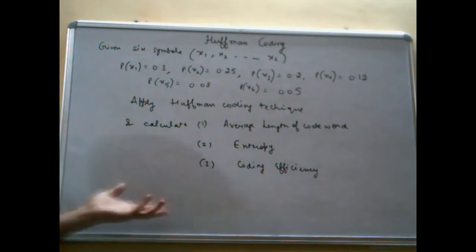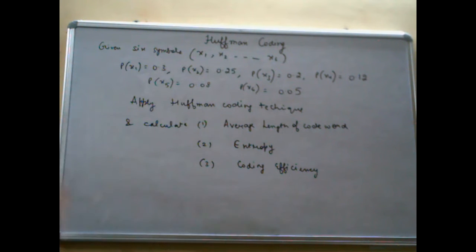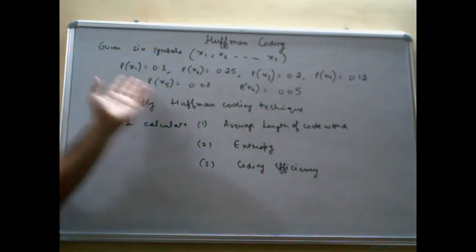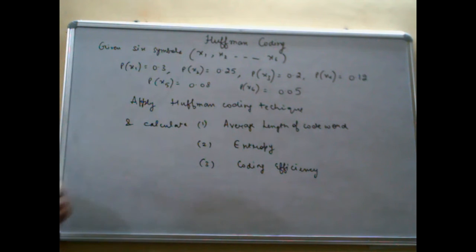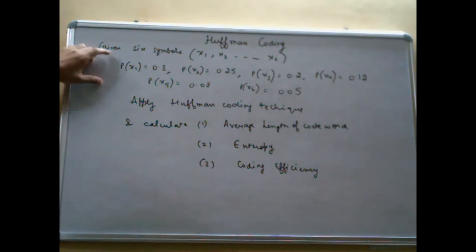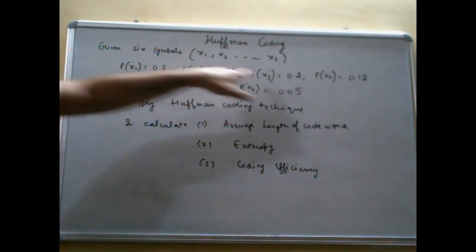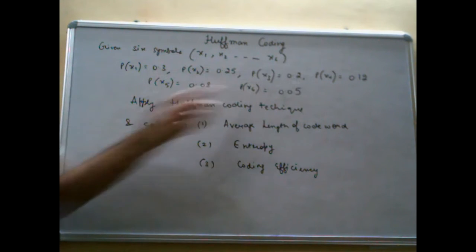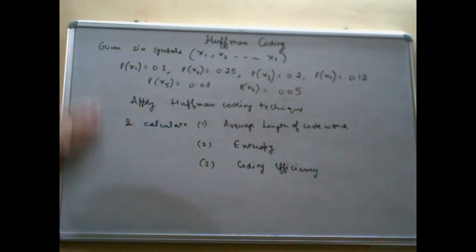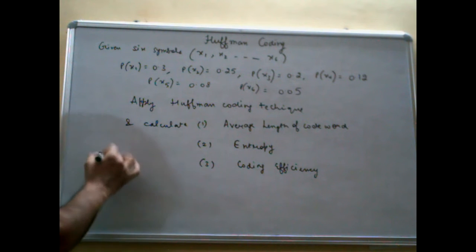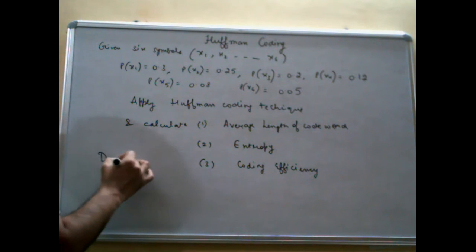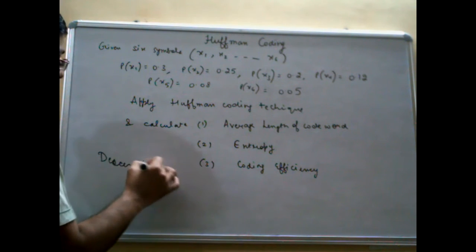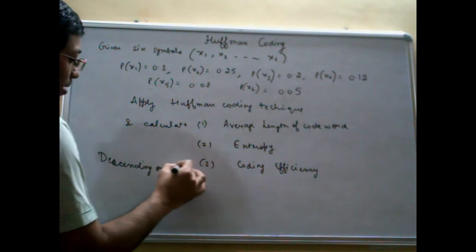But if in any question these symbols are not given and you are taking your own symbols, like A, B, C, D or x1, x2, and so on, you have to remember to arrange these symbols in descending order of their probability.